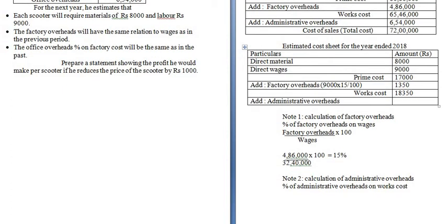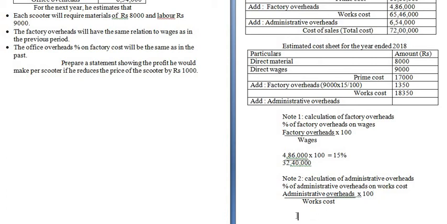Okay, so your formula will be administrative overheads divided by works cost into 100. Okay, yes.